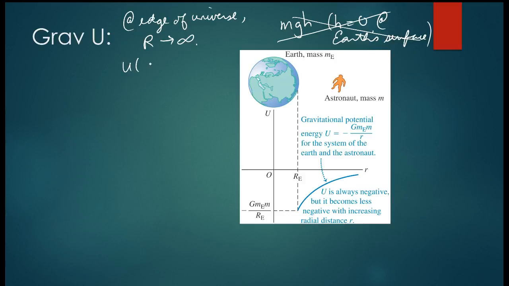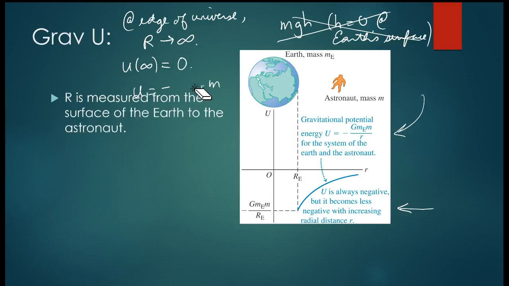So that means that U of infinity is equal to 0, and that's because U is equal to negative G, mass of the Earth, mass of the object, over r. Okay? So that's this equation right here. And this potential energy is always negative, but it's becoming less negative as r gets greater.